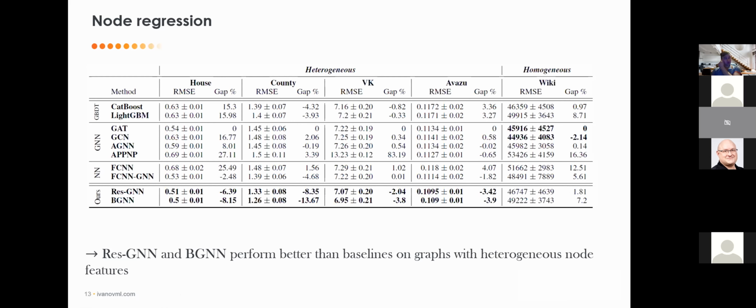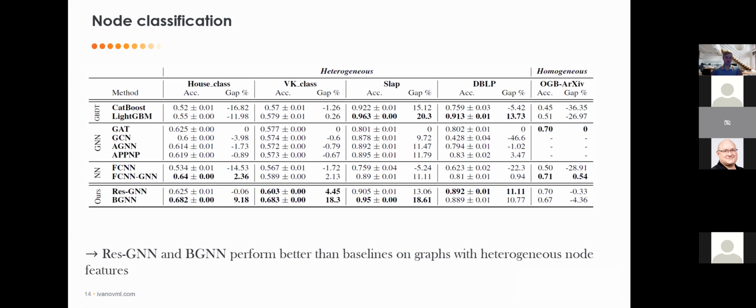So there are various conclusions from this result. We see that when you have node features which are homogeneous, for example, bag of words or pre-trained embeddings, then in this case, GNNs work really well. And when the node features are different in type and scale, then using BGNN can be the way to go.